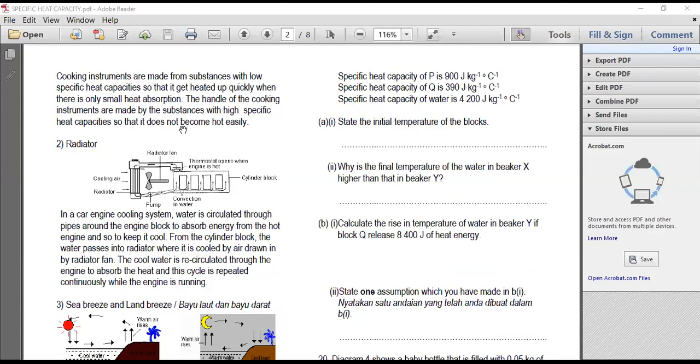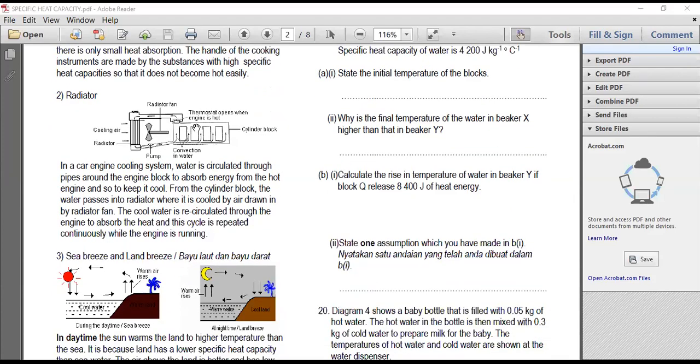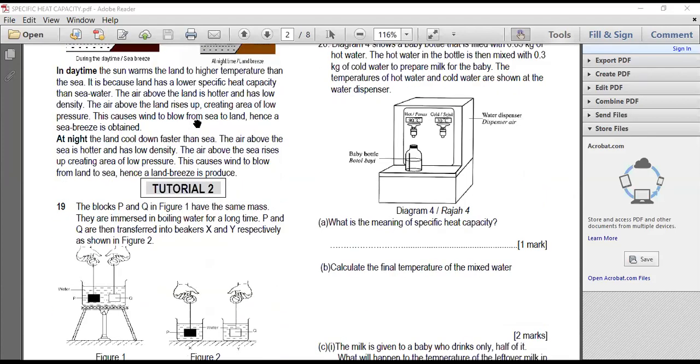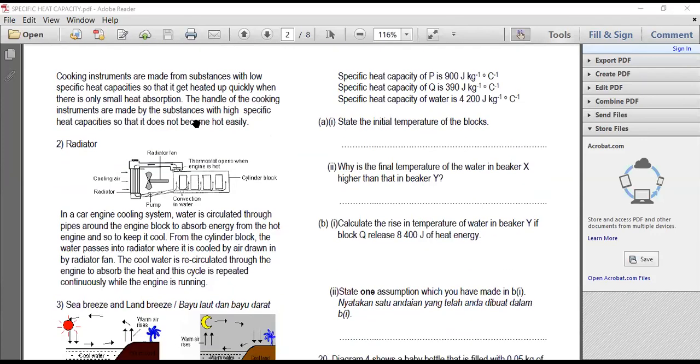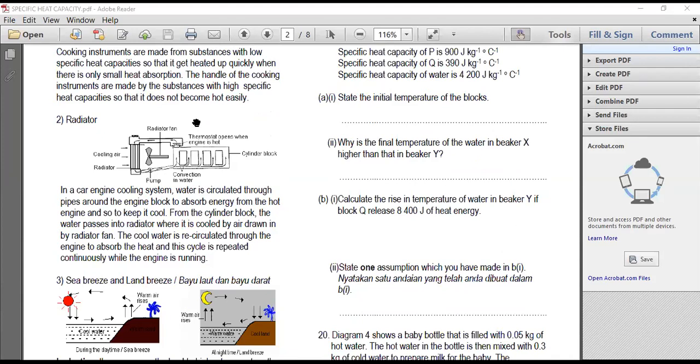Calculate the rise in temperature of water in beaker Y if block Q releases 8,400 joules of heat energy. For this one you can use Q equals mc theta. So 8,400, the mass is 0.25 times 4,200 times theta.